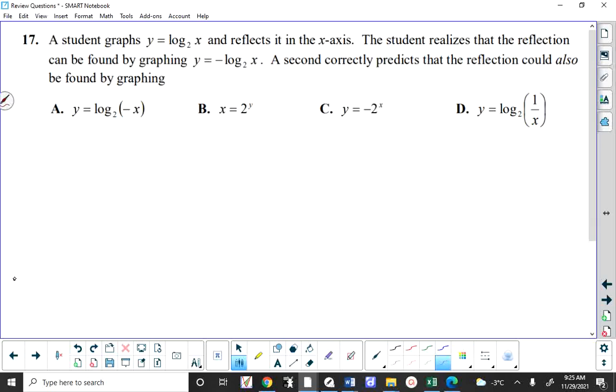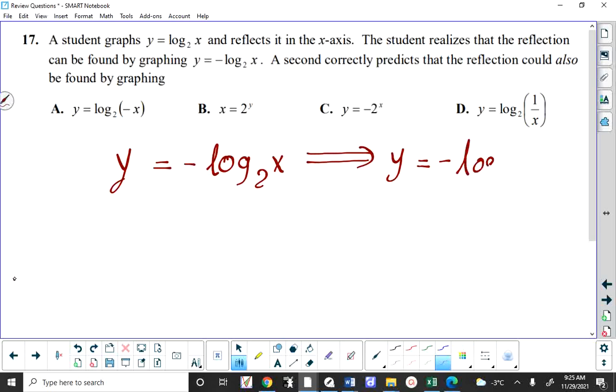I think it's pretty clear, I hope it's pretty clear, that when you go from this function to this function, we introduce a value of the parameter a of -1.